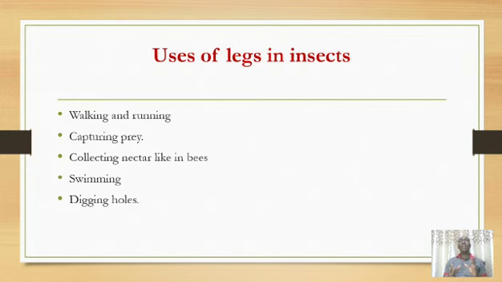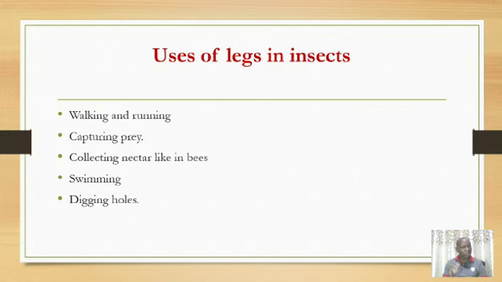Then we have insects that are aquatic, insects that are found living on water and in water. So these insects that move on water move using the legs, a process we call swimming. Therefore, legs are used for swimming, especially for aquatic insects, insects found living in water.